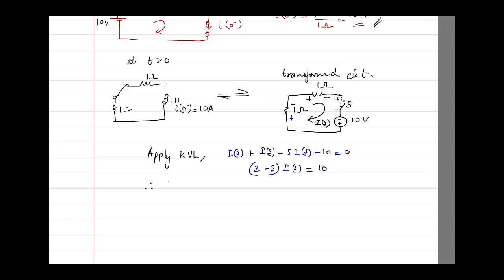Therefore I of s is going to be equal to 10 divided by S plus 2. This is plus, so this also becomes S plus 2.